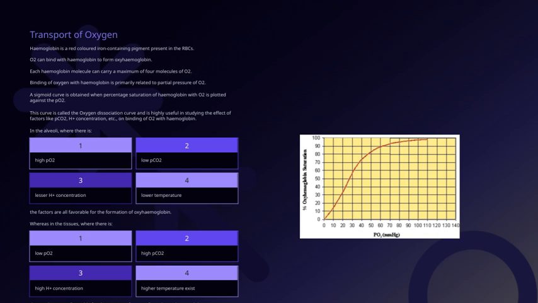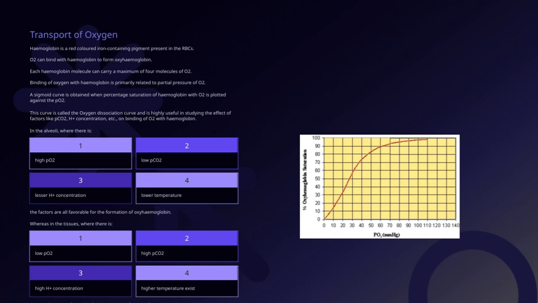In the lungs, or alveoli, where oxygen is abundant, the conditions favor oxygen binding. Here, the PO2 is high, and hemoglobin tends to be saturated with oxygen. Conversely, in the tissues, where oxygen is being used, the conditions favor oxygen release. There, the PCO2 is higher, pH is lower, temperature is increased, and PO2 is lower, all of which promote oxygen dissociation from hemoglobin.